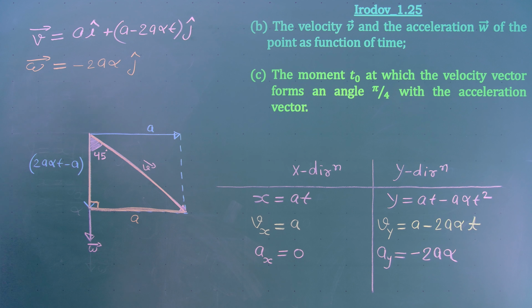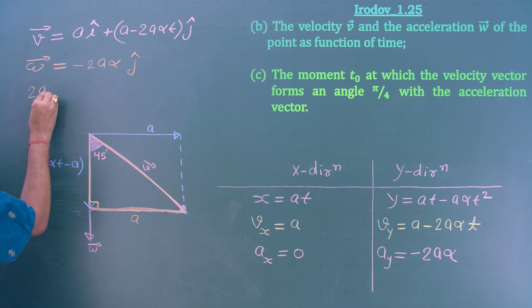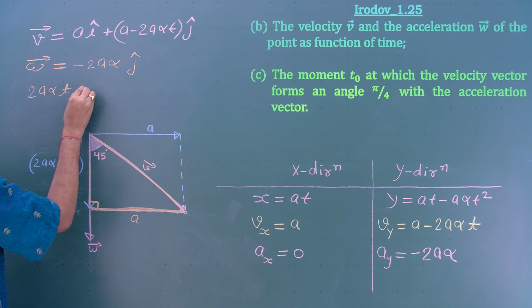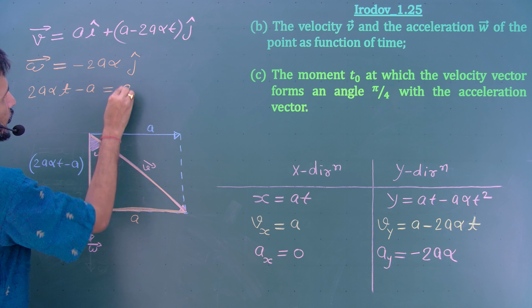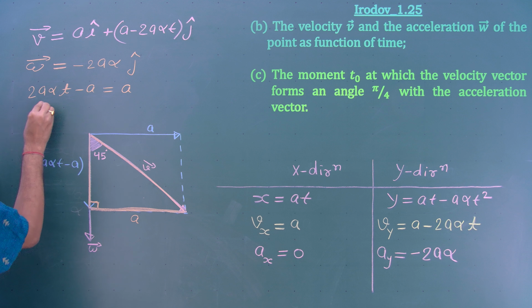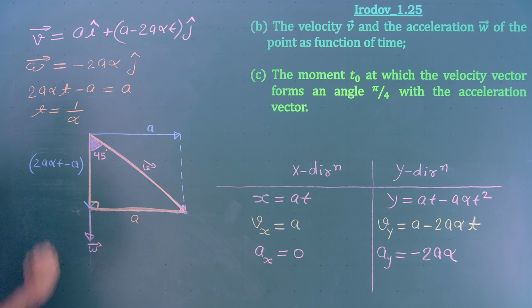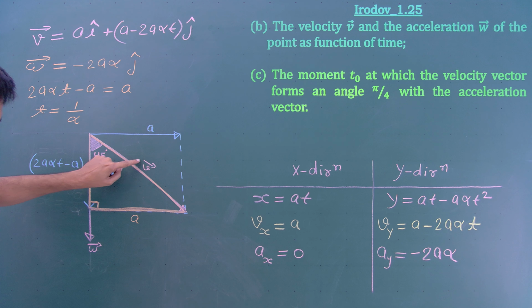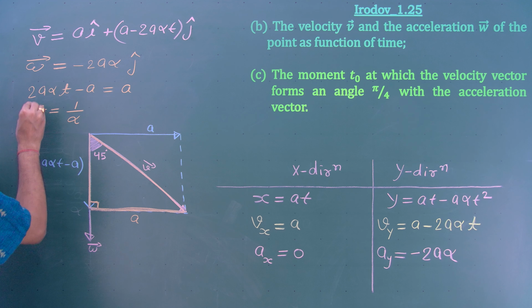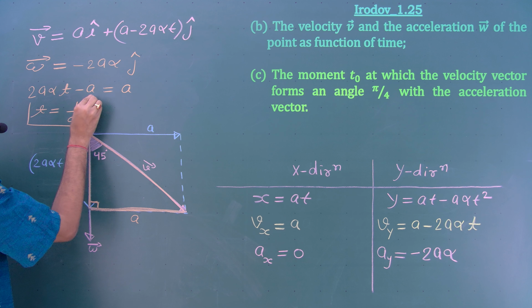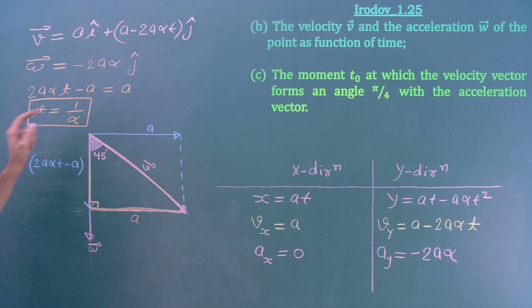It means that 2a alpha t minus a should be equal to a. So time t equals 1 by alpha. So when the angle between the velocity vector and the acceleration vector is 45 degrees, the time should be 1 by alpha. So this is the correct answer.